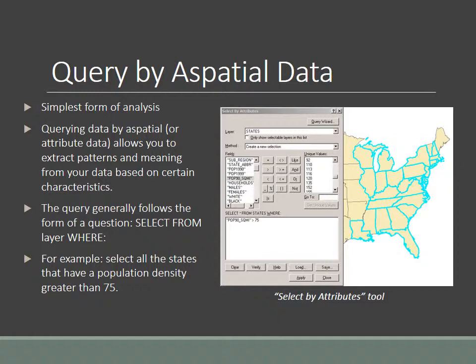For example, select from the layer all states where population density is greater than 75. This is a typical type of GIS selection query that we will perform in our labs. Identifying these states would allow us to enhance our understanding of the data and perhaps identify any possible spatial relationships or trends.